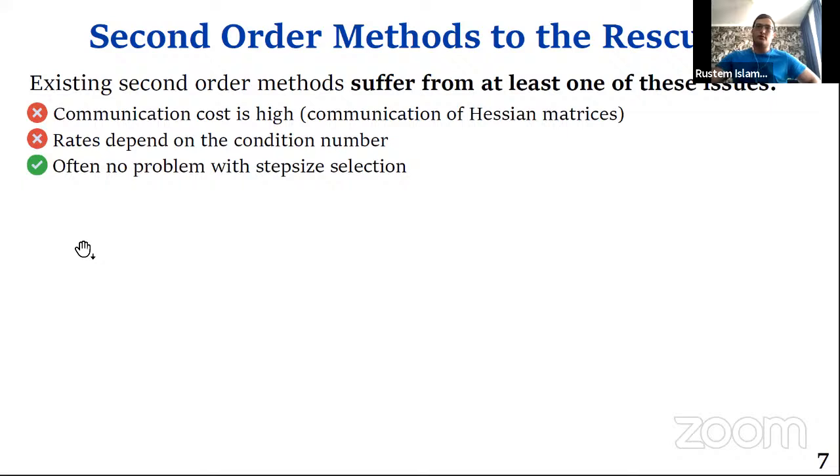For example, we need to broadcast Hessians or some part of the Hessians, which is really expensive, or the rates still depend on the condition number. And this problem is a little bit controversial, just because in classic optimization, we know that Newton's rate doesn't depend on the condition number. So that's why the performance of second-order methods in distributed optimization can be even worse than first-order methods.